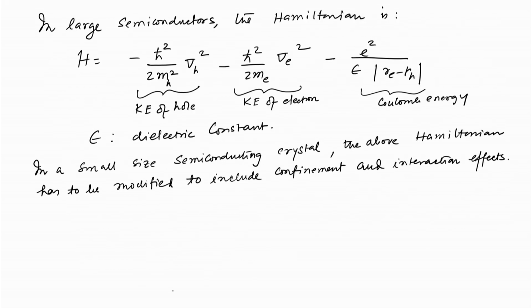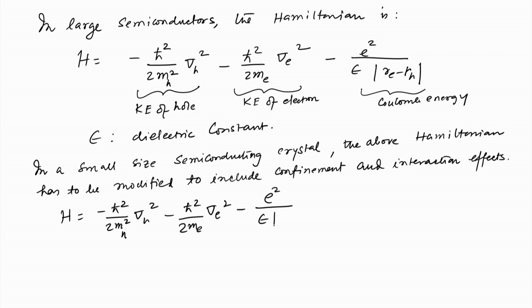So, that tells us that we have to write it again. We will have the kinetic energy terms which were there earlier, and minus e square over epsilon times R_e minus R_h, and then some potential for the electrons and the holes.